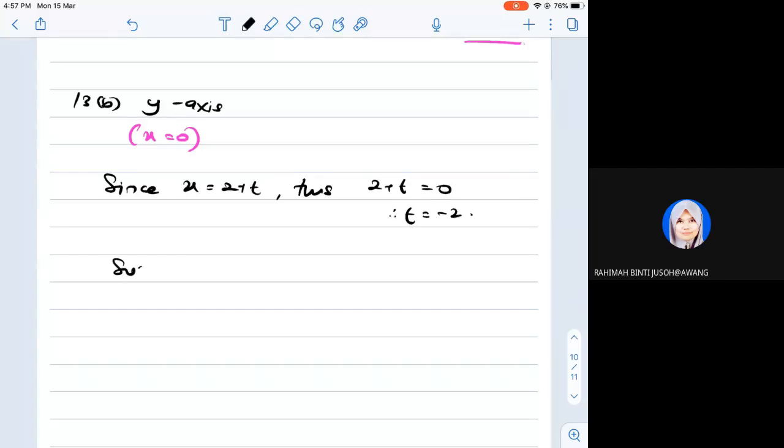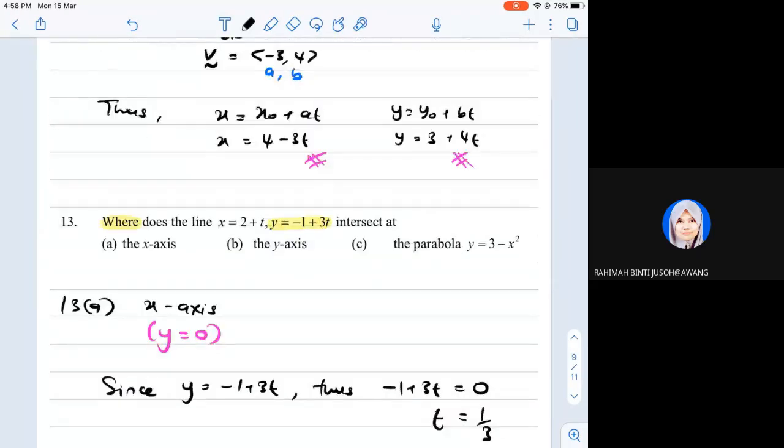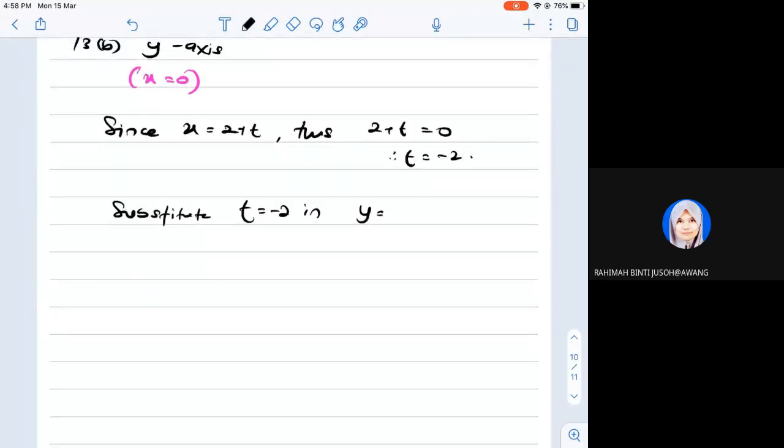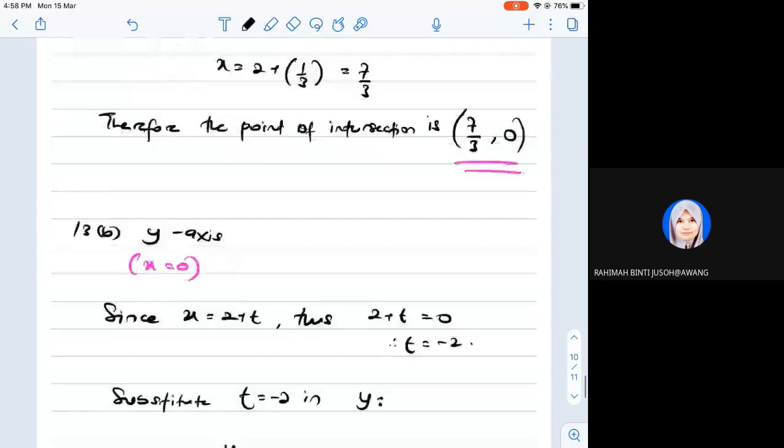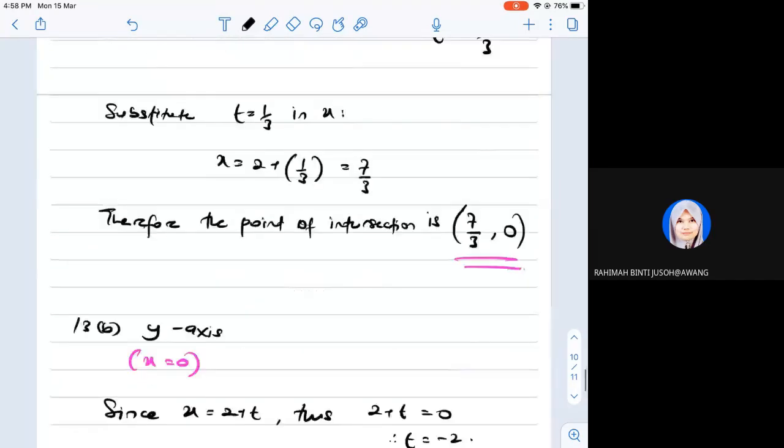Okay, so substitute in y, let's add 3t. In y, so y equals to, what was it? Negative 1 plus 3t.